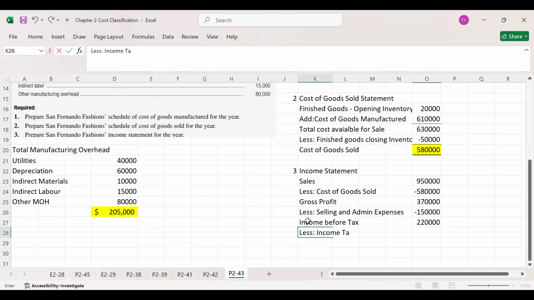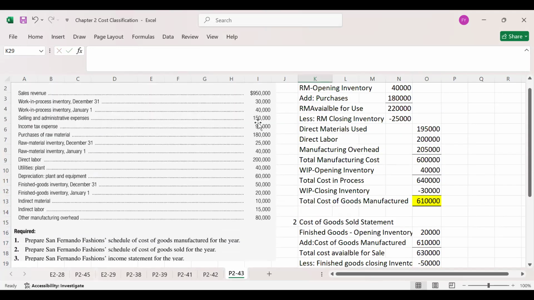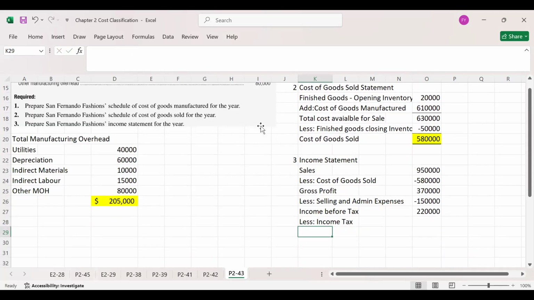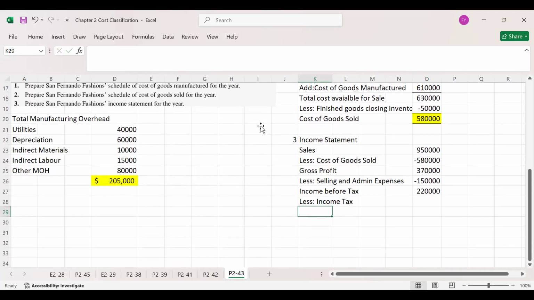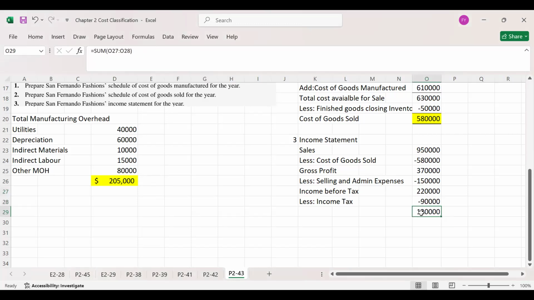Then we will deduct income tax, which is also given, income tax expense. Here you can see this is income tax expense, which is 90,000. So we will deduct it, minus 90,000, in order to get total profit or net profit, or you can say profit after tax or income after tax, which is $130,000.